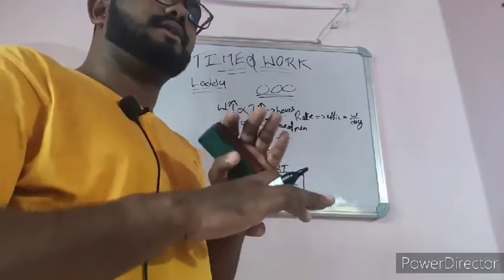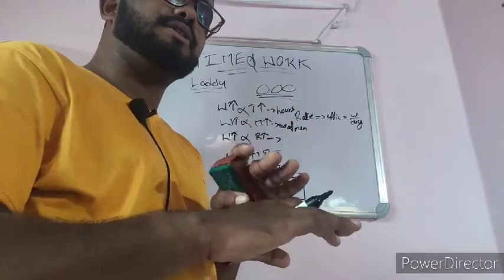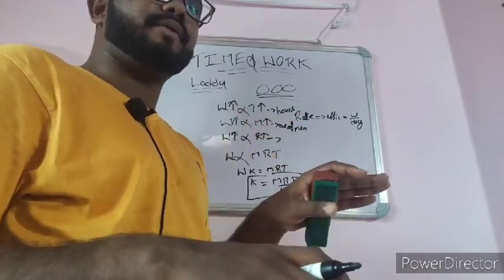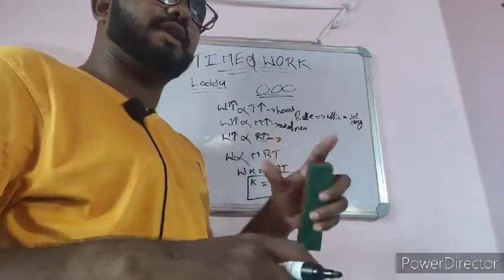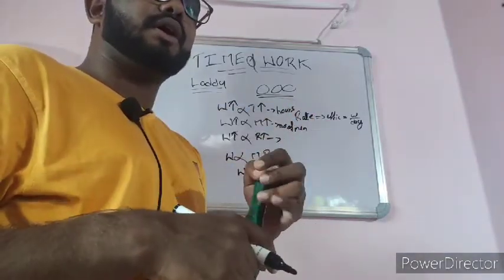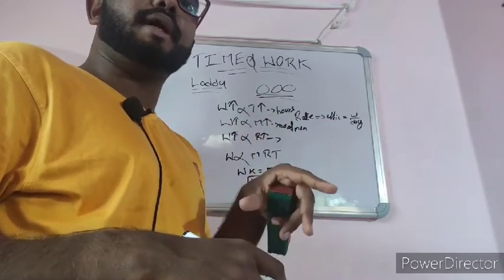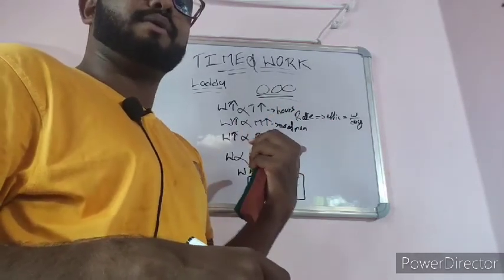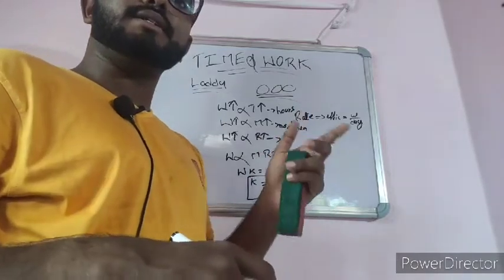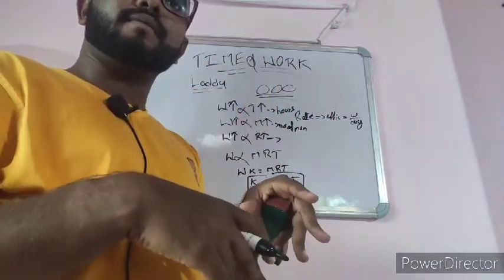The basic unit for the rate is hours per day. For the example of laddus, the number of persons eating a laddu per day is the rate. So we can write it as the number of laddus eaten per day.